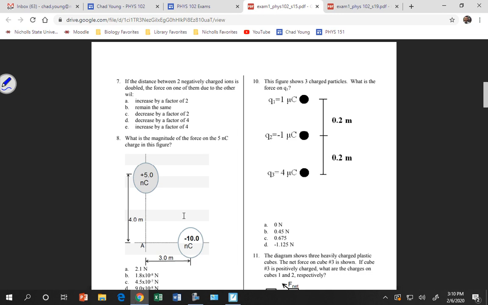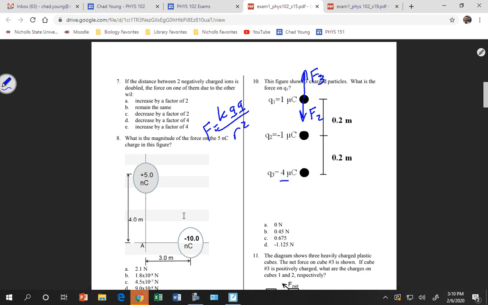So I want to know what is the force on Q1. And so I have one force that is F2, and then another force that is F3. If I'm clever about it, I can sort of see. Actually, I know what the answer is. Y'all know what the answer is? Let's look. So F is KQQ over R squared.